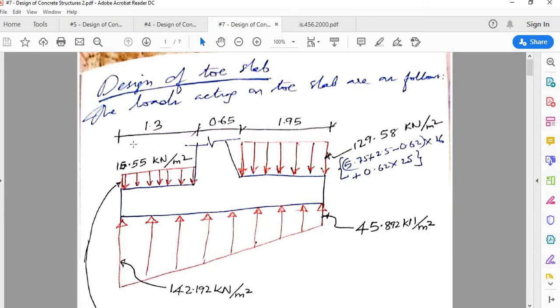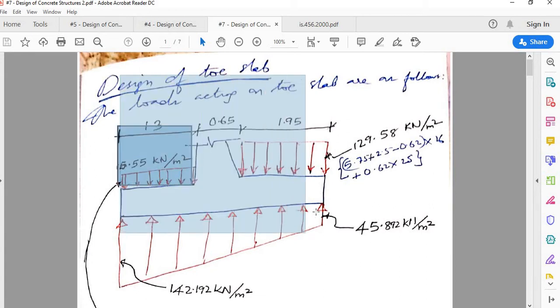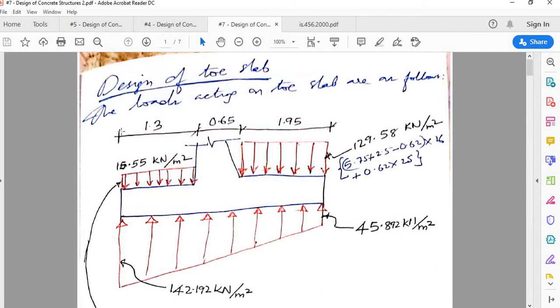One more reason you can think of, as I told you, is that during construction they'll dig a big hole, right? So during construction there will be a stage when this soil won't be there. But in any case, we conservatively neglect the weight of the soil, and also it is lesser in proportion to other stresses.